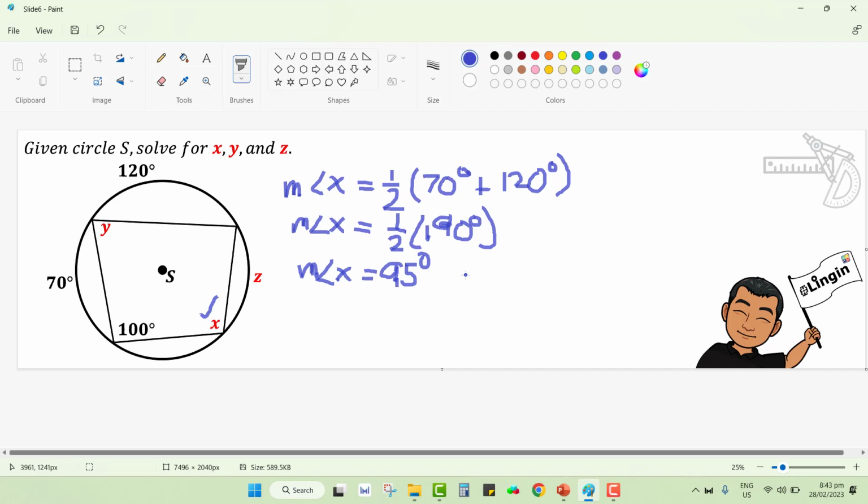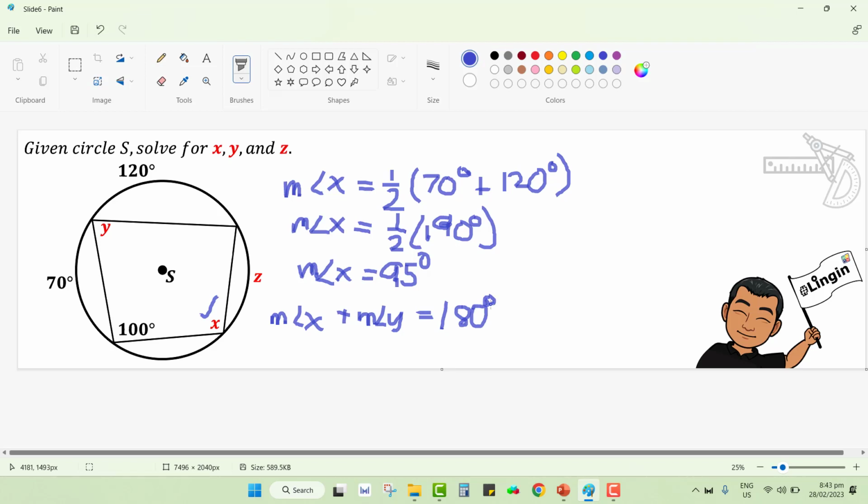Going towards the unknown measurement for variable y, as I mentioned earlier, when you have an inscribed quadrilateral, you are just going to look into the relationship among the opposite angles. I'm talking about x and y being opposite angles of the quadrilateral, and it is given by a theorem that they are supplementary. In short, the measurement of angle x plus the measurement of angle y must be equal to 180 degrees.